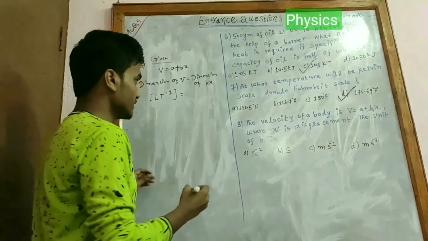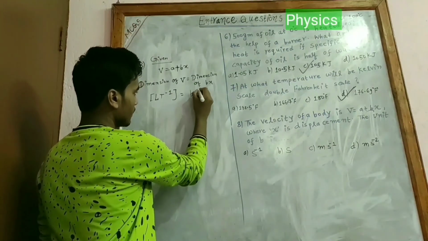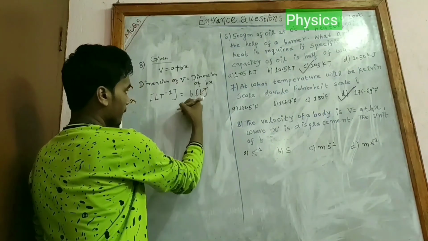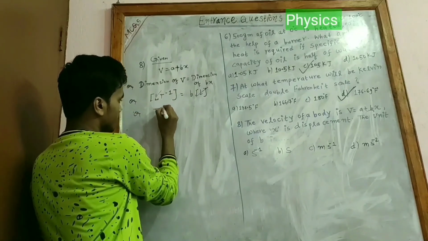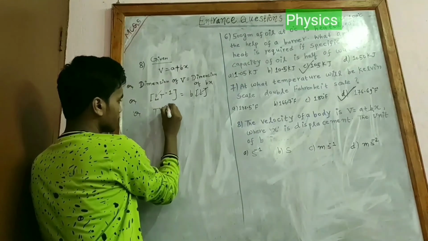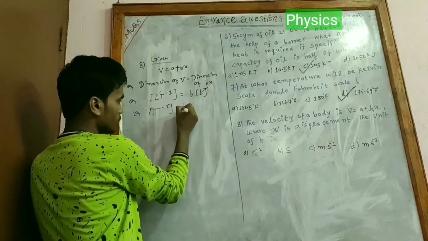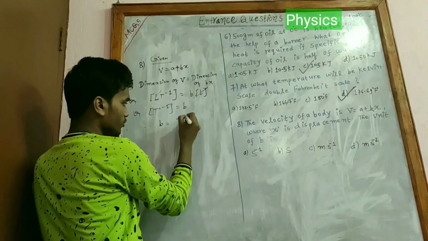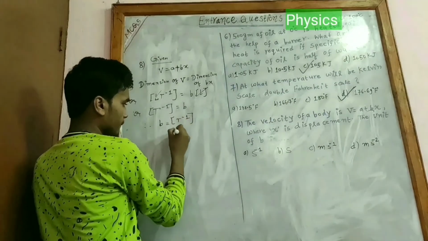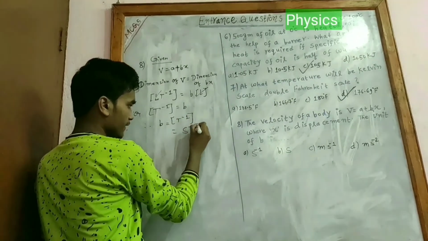That displacement is always represented by L. So L cancel, or T power minus 1 equals to b. Therefore b equals to T power minus 1, that is equals to second.